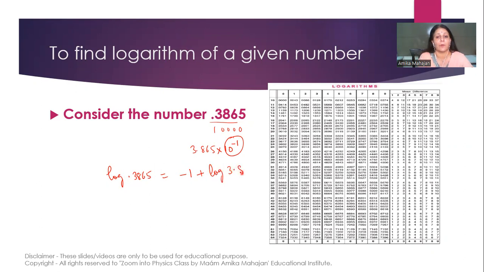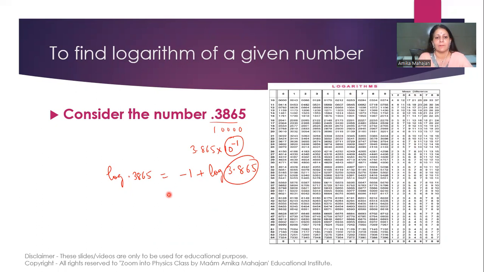It is still 3.865, so I will ignore the decimal again. Come to this row 38. The first 2 digits are 38. Come to the column with 6 written on the top, the value was 5866. Then the sub column in mean difference with 5 written on the top, its value was 6.